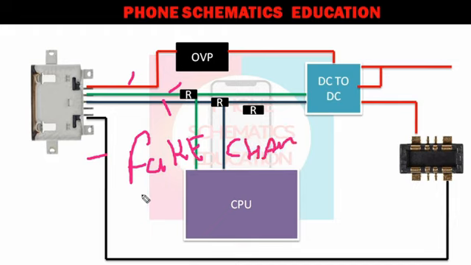You have noticed that when a phone comes to you for a charging issue, a charger is connected but the battery is not charged. Suppose a battery is at 15% when you connect a charger; a charging sign appears and a charging sound also plays.